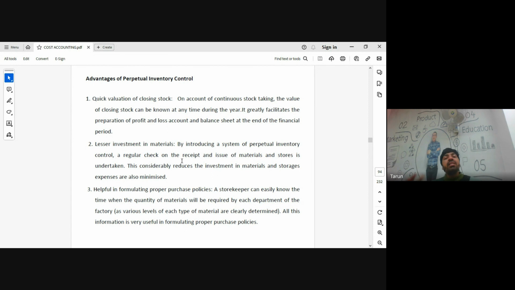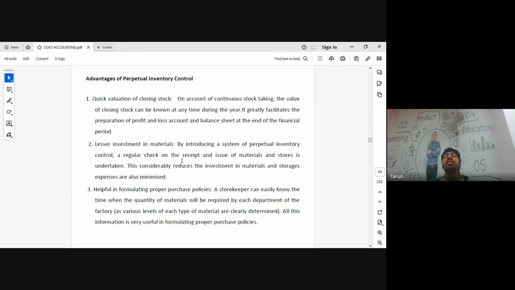So at the various levels, each type of material will be clearly determined through this particular system. And of course, all the necessary information will be useful when you formulate such policies.